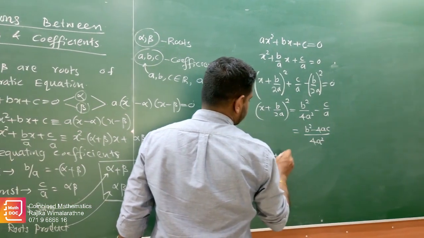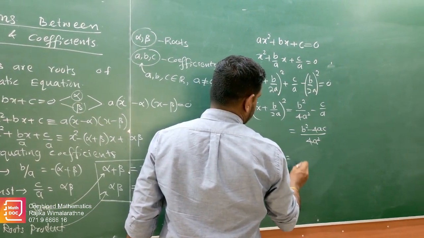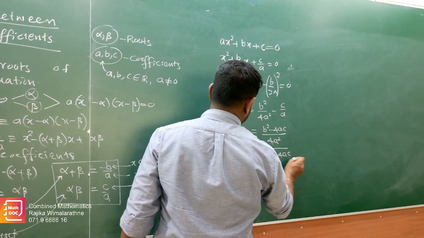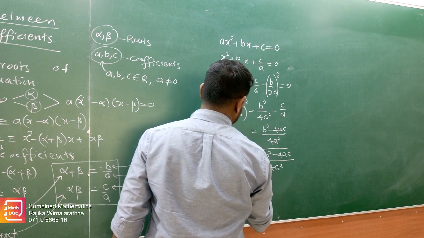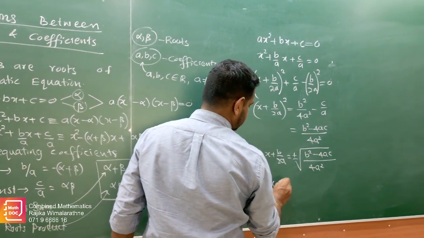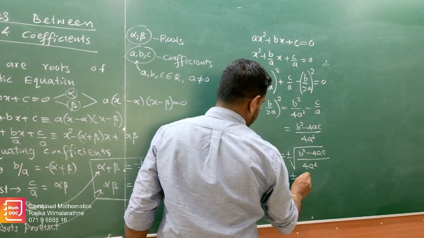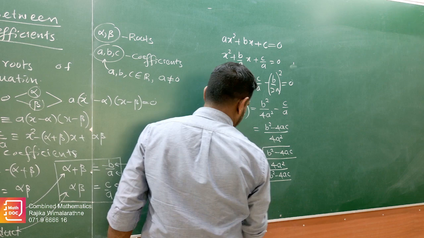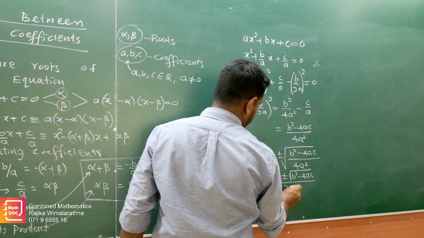Then x plus b over 2a equals the square root of b squared minus 4ac divided by 4a squared, with plus or minus. Then x equals minus b plus or minus the square root of b squared minus 4ac, divided by the common 2a.